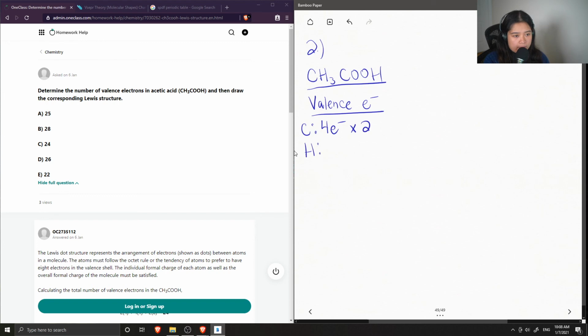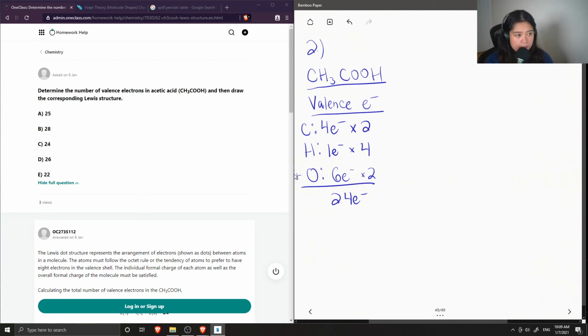And we have hydrogen, which has 1 valence electron, and there are 4 hydrogen atoms. Then lastly, we have oxygen. Oxygen has 6 valence electrons, and we have 2 oxygens. So now let's add this all up, and we should get a total of 24 valence electrons.